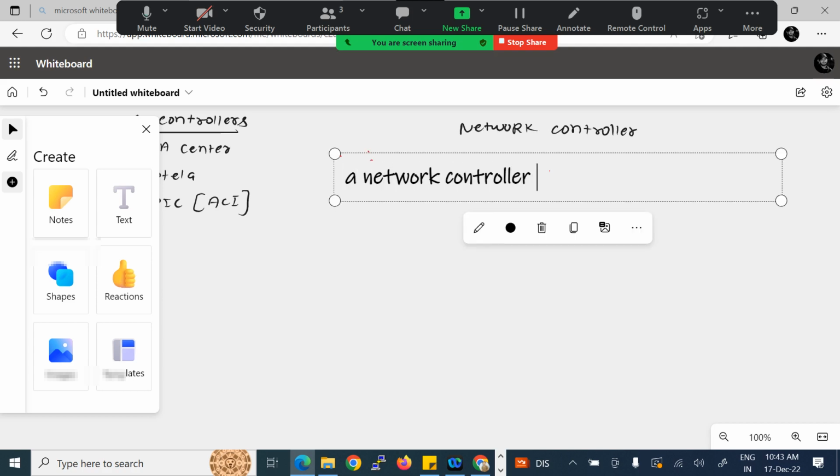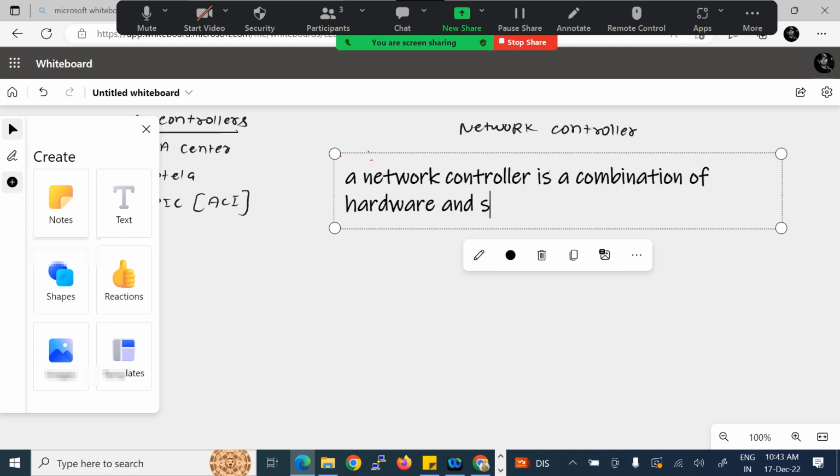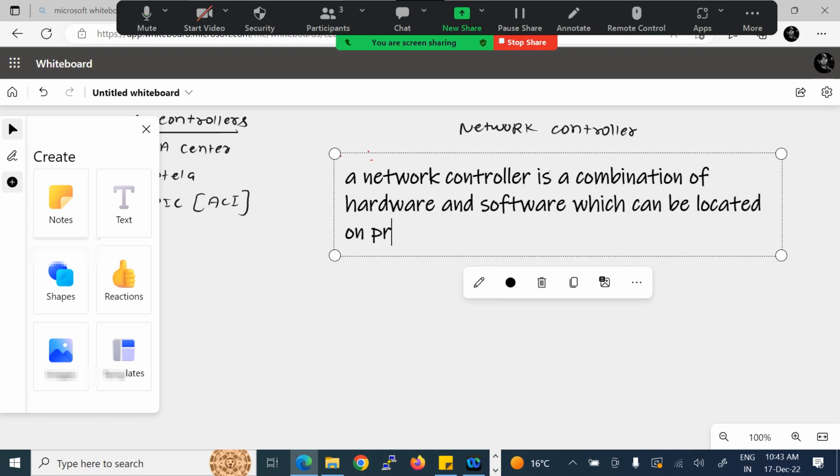A network controller is a combination of hardware and software which can be located on premises or off premises.